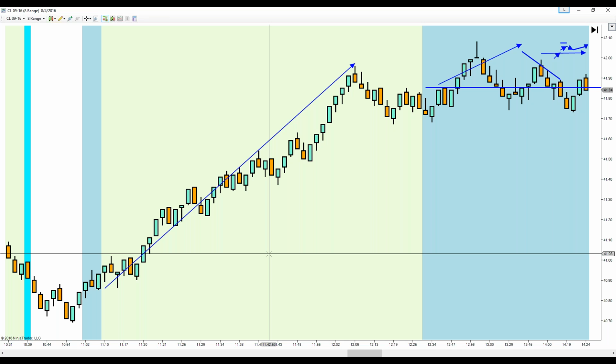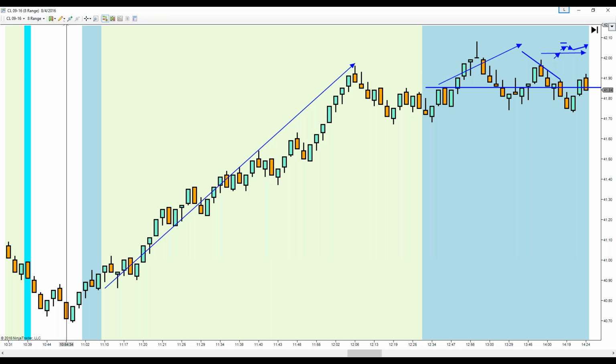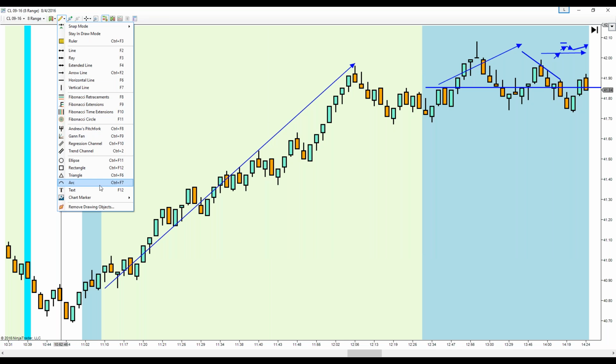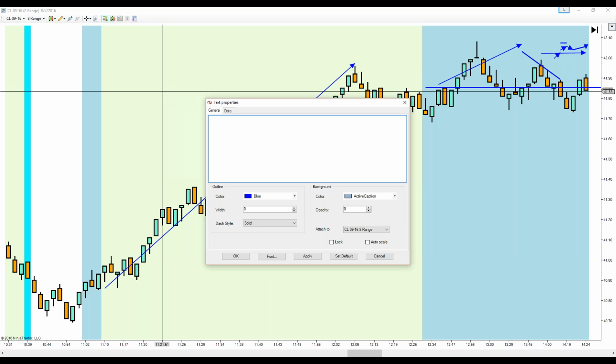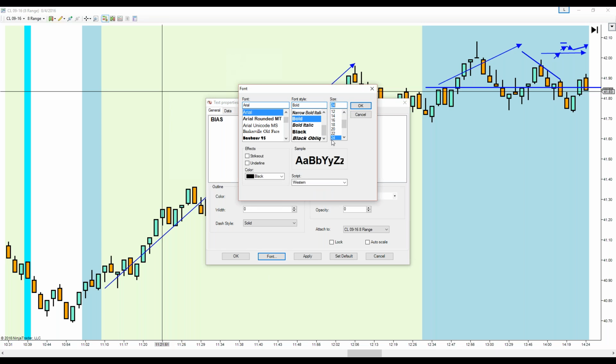Whatever system you're using to give you an exact entry, whatever methodology you trade, that's going to give you your exact entry. This is going to give you the bias that you want to be associated with that entry. Now, if you don't trade in the direction of your 2 higher time frames, you're going to have a lot of trouble.